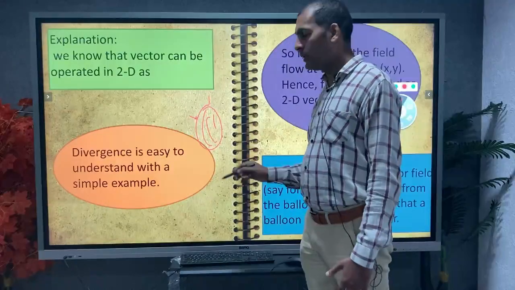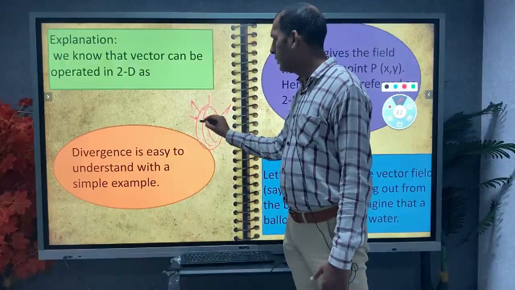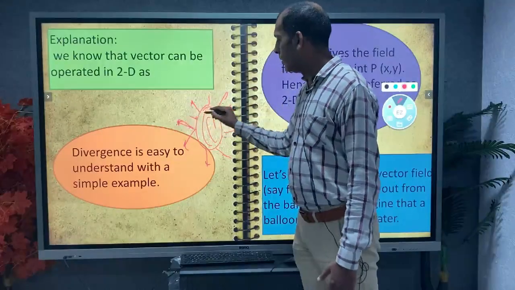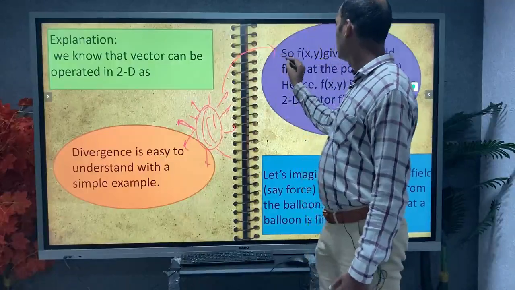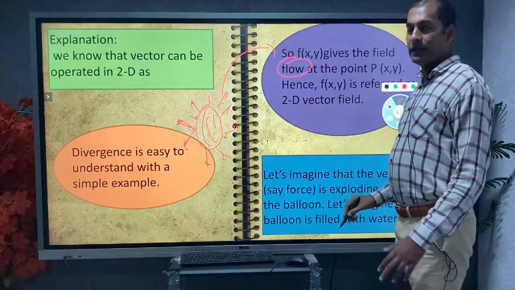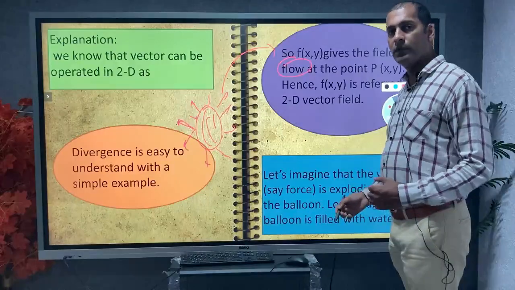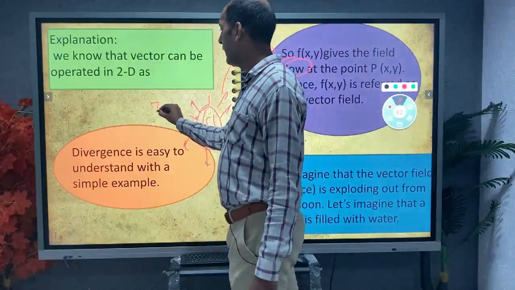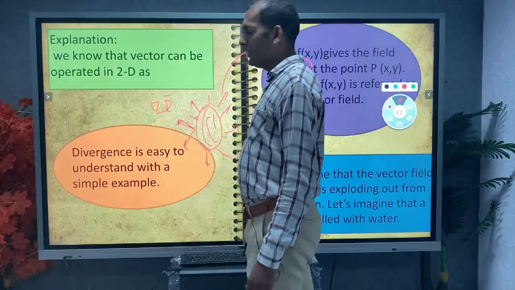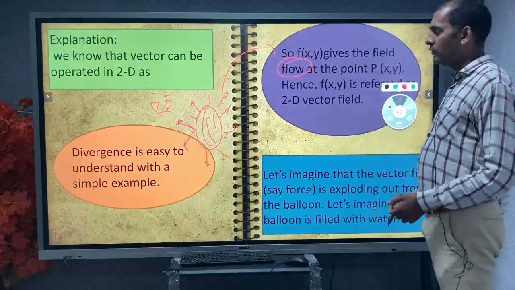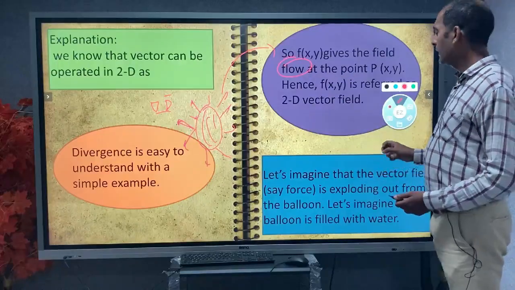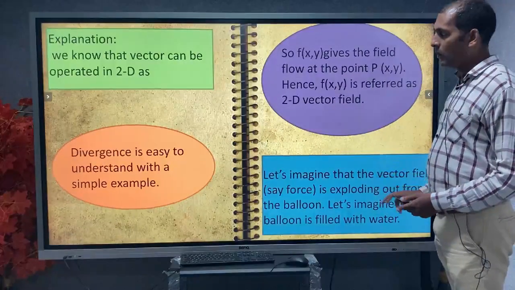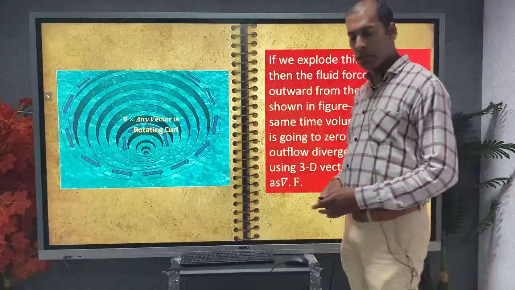It will blast. Water flow will go out in all the directions. So this is outflow. Either we may have outflow or inflow of the force lines, and that represents the divergence. So del dot any vector represents the force lines either going out from a point or getting collected at a given point.